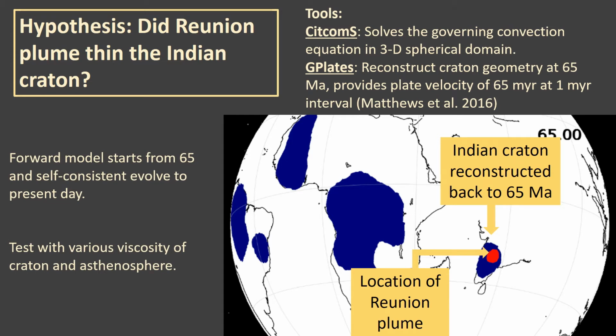So we develop our numerical models starting from this condition at 65 millions of years, where the Indian craton is reconstructed back and marked by this blue region, and the location of the Reunion plume is given by this red region. We develop the forward models from 65 million years to the present day and let the model run and evolve self-consistently. We change the different viscosity of the craton and the asthenosphere, which I can discuss in the later part.